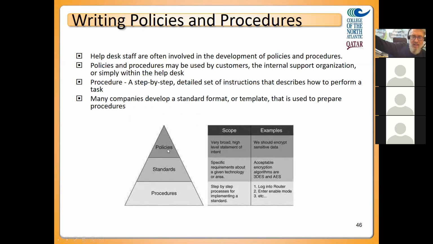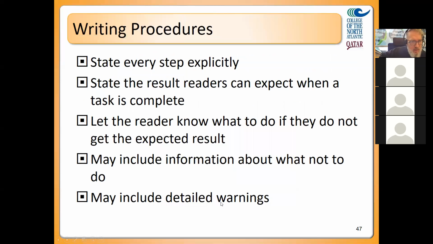So once we have established policies for the organization, from them will come standards, which, as it says there, we use the word, it's a little bit more specific. Lastly, procedures are more specific still, and they're down to the level of step by step, do this, do that, do that. And so I hope we get that idea that your policy is going to inform your standards, which are going to be more specific, and your procedures are going to be step by step.